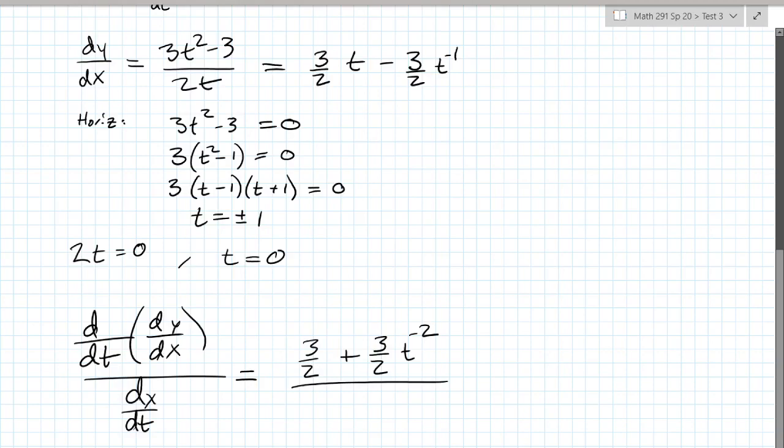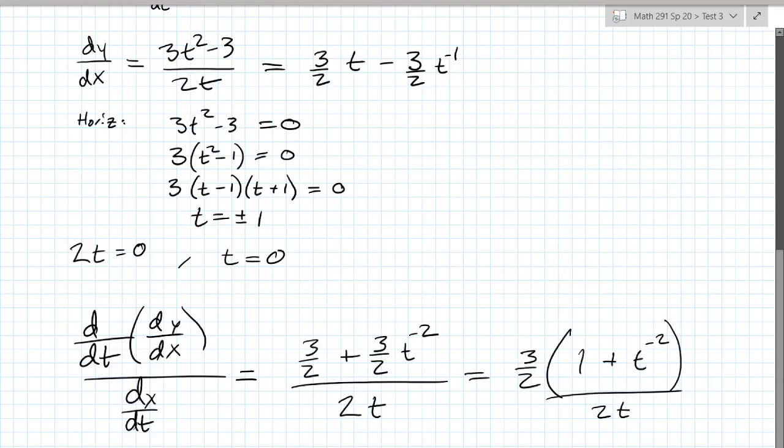Then the derivative of x with respect to t was 2t. So here we have the second derivative. If we want, we can simplify that, so let's do it. Let's factor out 3/2 up top. So we have 1 plus t to the negative 2 all over 2t.